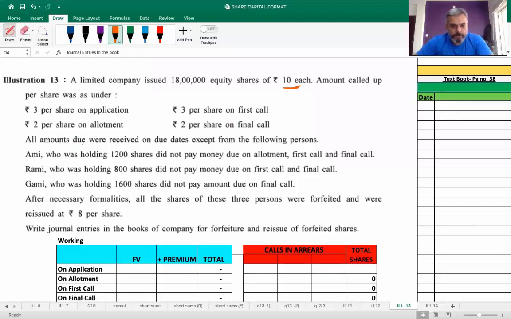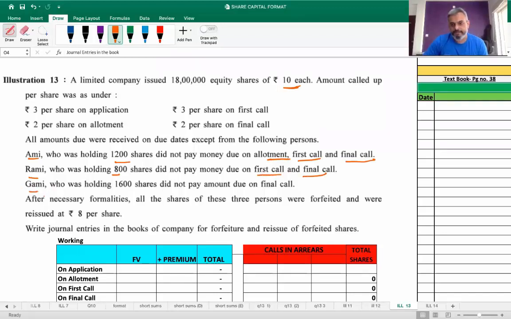All amounts due were received on due date except from the following persons. Ami, who was holding 1200 shares, did not pay money due on allotment, first call, and final call. Rami, who was holding 800 shares, did not pay money due on first call and final call.